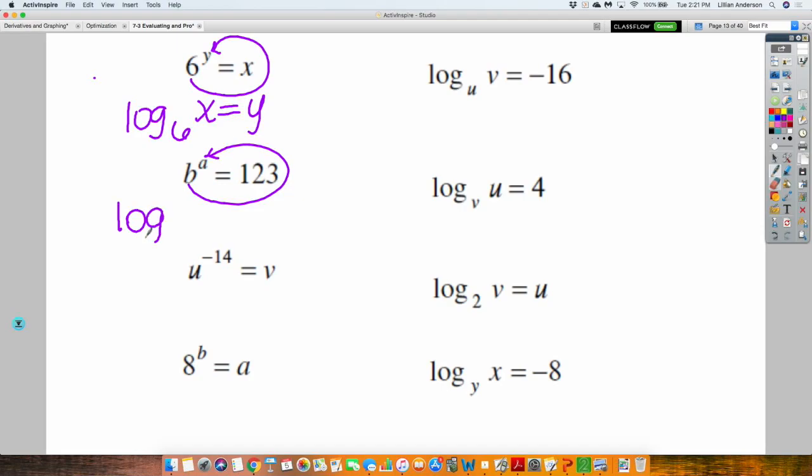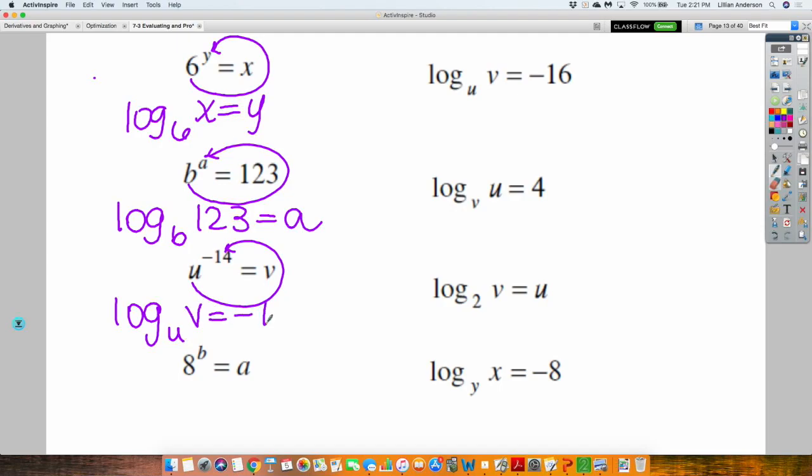Log base what? Of what? Equals. Very good. Okay? Log base u of equals. Good stuff. And then the last one, log base 8 of a equals b.